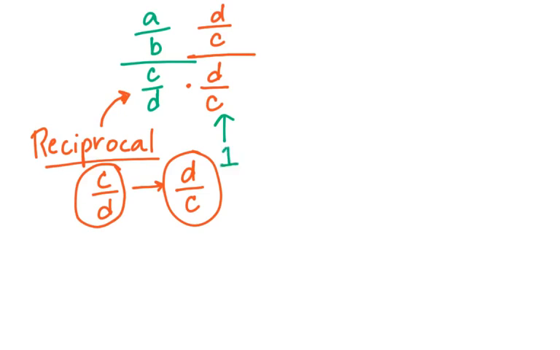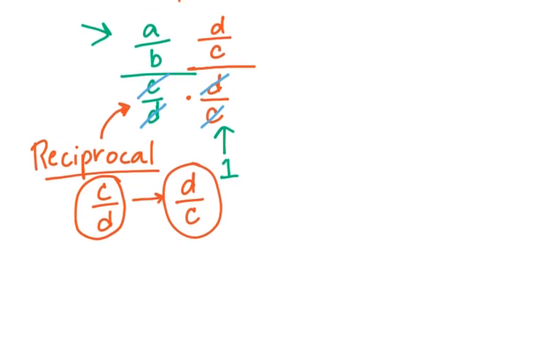So we're just multiplying our original complex fraction by the number 1, which is why we're allowed to do this. But by choosing the reciprocal of the denominator, that is going to allow these d's to cross out and these c's to cross out.